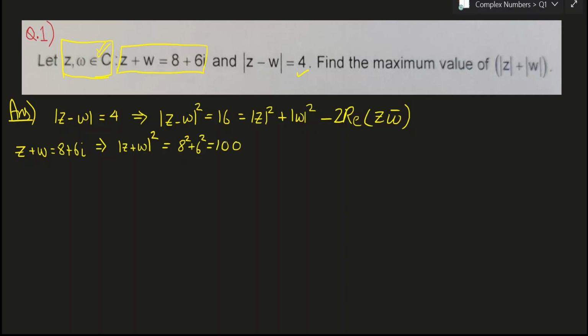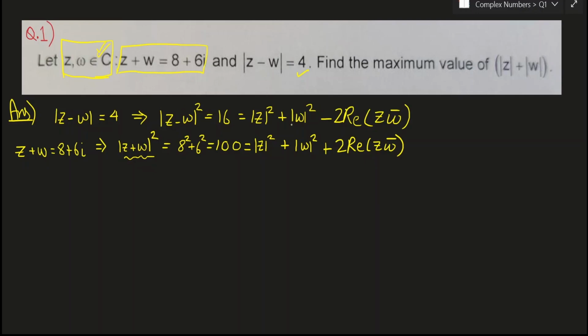So mod of (z plus omega) whole square, when I expand this, is going to be mod z square plus mod omega square plus 2 times the real part of z omega prime.